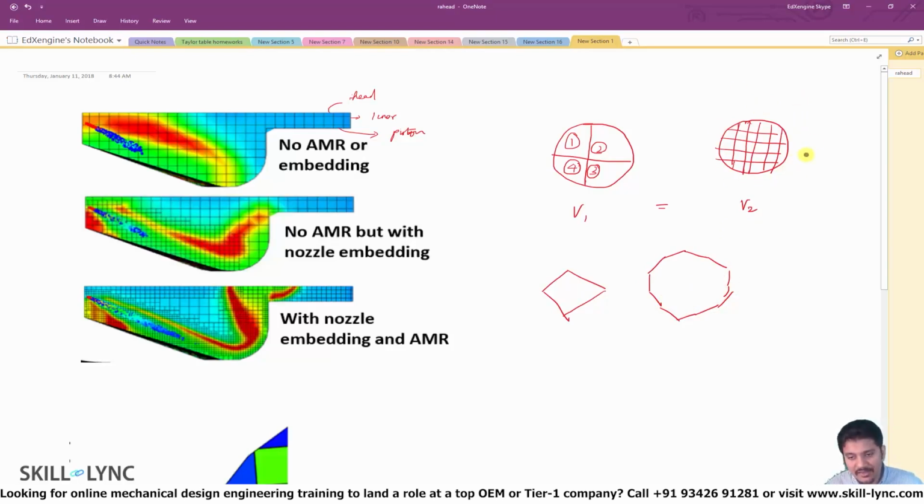Again, this is just an exaggeration. Modern software can handle this in a much better way, but there are still a lot of software packages which would give you different volumes when the number of mesh points changes. When you're running a simulation, especially an IC engine simulation, a gas turbine simulation, or an external aerodynamics simulation, you need to make sure that the volume is the same irrespective of the number of mesh points that you have.